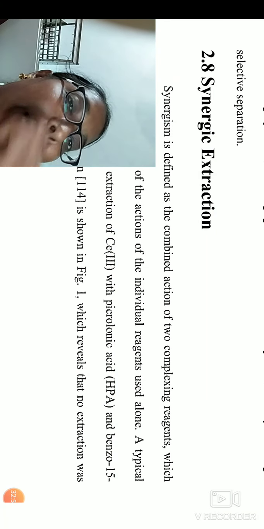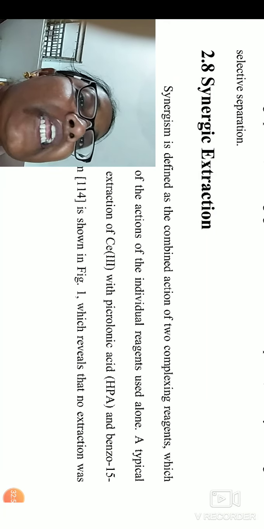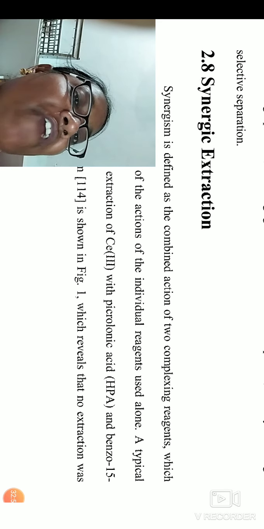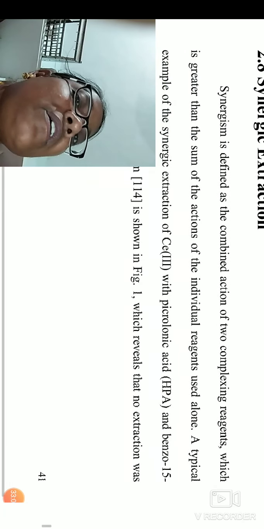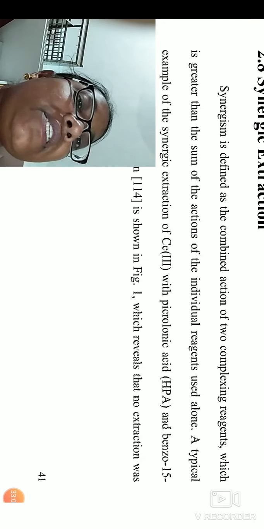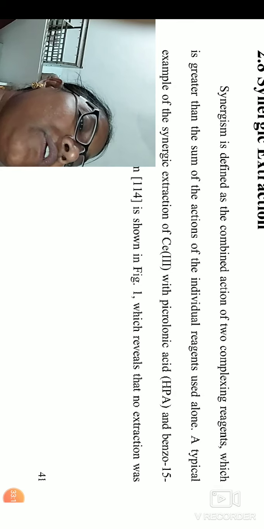Next one is synergic extraction. Synergic extraction is defined as the combined action of two complexing reagents which is greater than the sum of the actions of the individual reagents used alone.